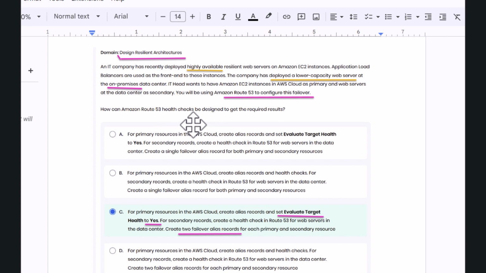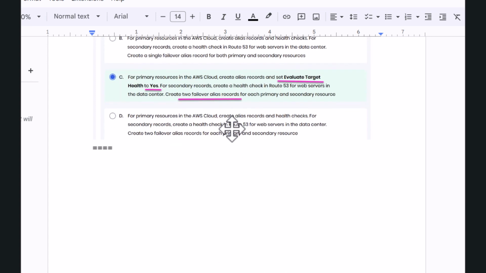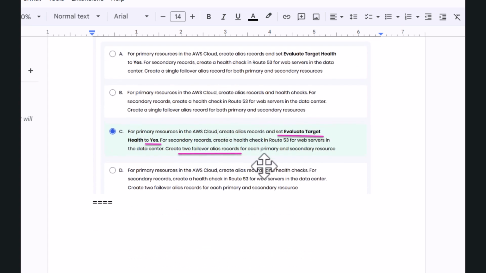How can Amazon Route 53 health checks be designed? What you have to remember is for primary resources in the AWS cloud, create alias record and set evaluate target health to yes. For secondary records, create a health check in Route 53 for web services in the data center.